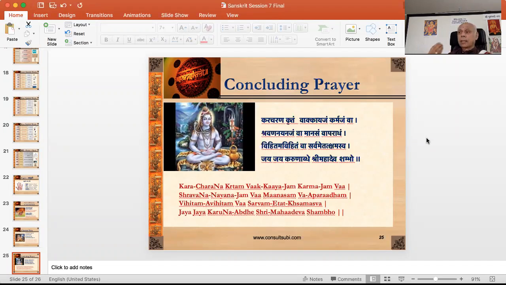Vak kayajam. Vak is the speech. Kayam is the body. In Tamil there is a word, they use "kayame idu poyyada". Kayam is false. Kayam is body. Kayajam, jam is born. What is born?